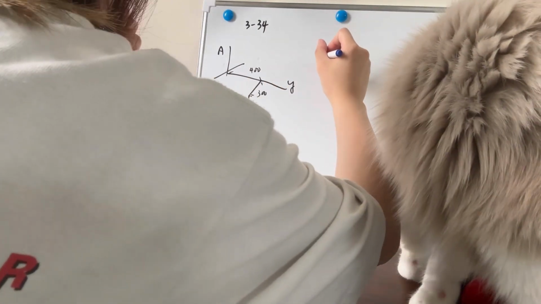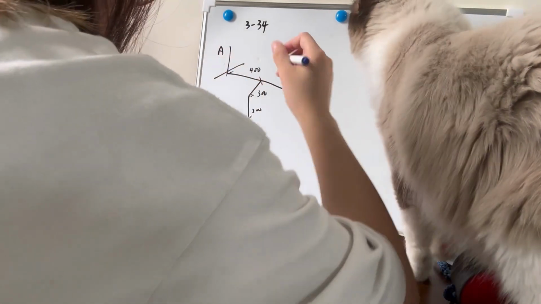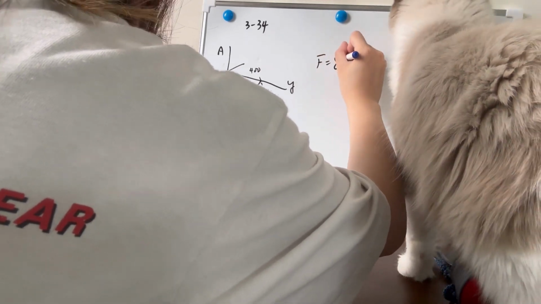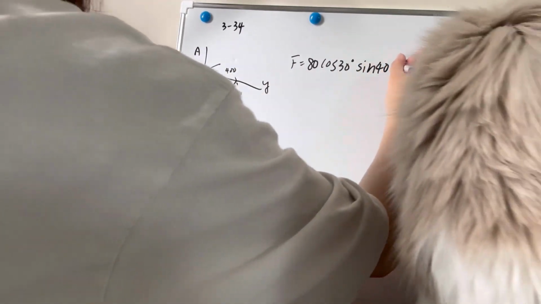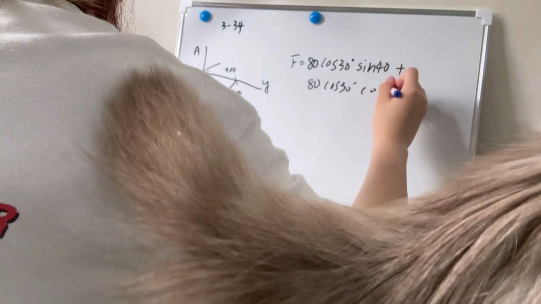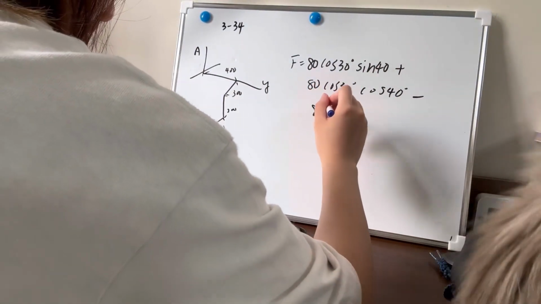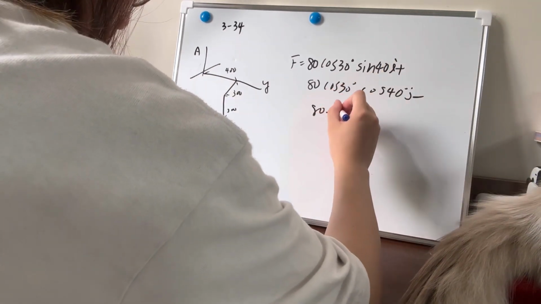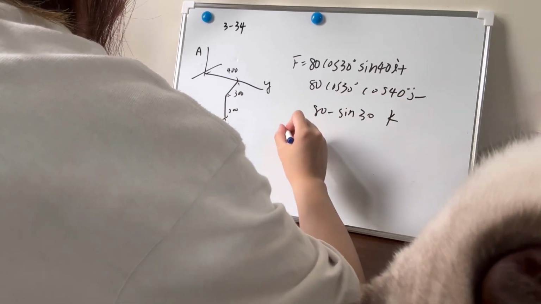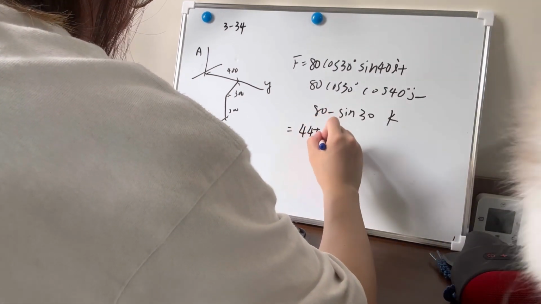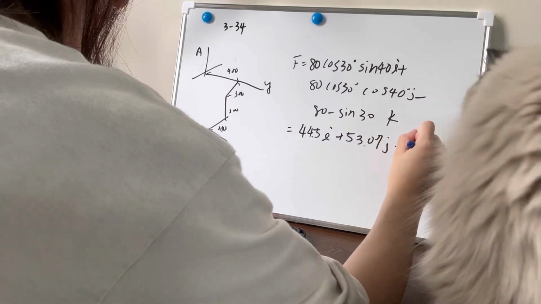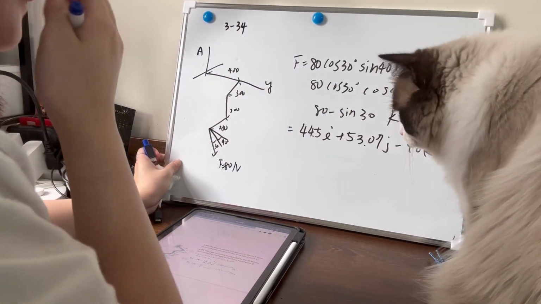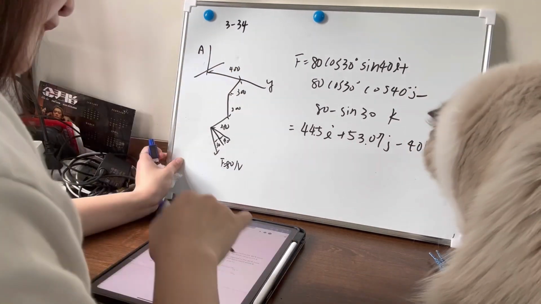So the force here is F equal 80 cosine 30 sine 40 I, plus 80 cosine 30 cosine 40 J, and minus 80 sine 30 K, and it will be like 44.5 I plus 50.07 J and minus 40 K. Here is the force that we want, but now we have to figure out the moment A.